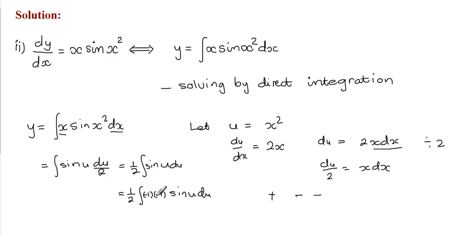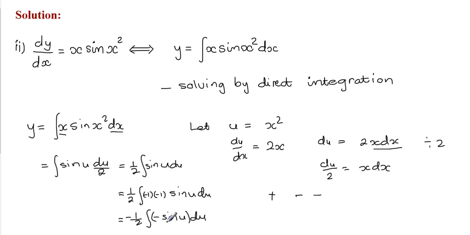Then our target is to transform what is underneath here to be a derivative. So we take the minus 1 outside and get minus half, and then under the integral we get minus sine u in brackets du.